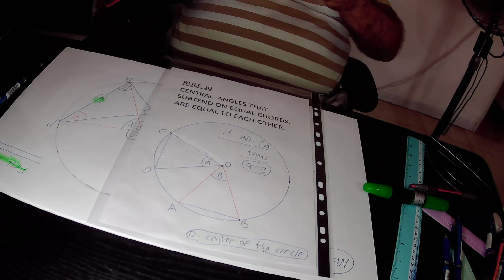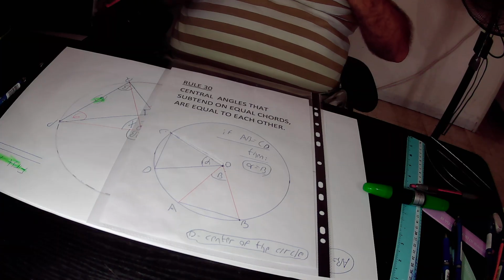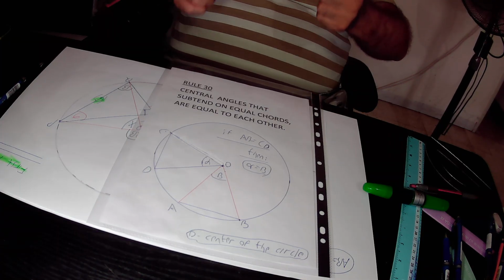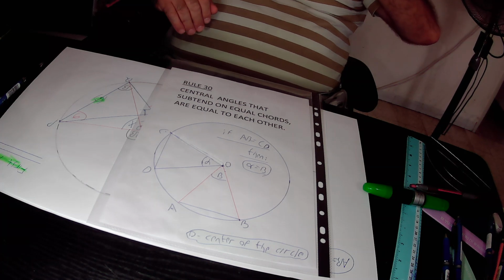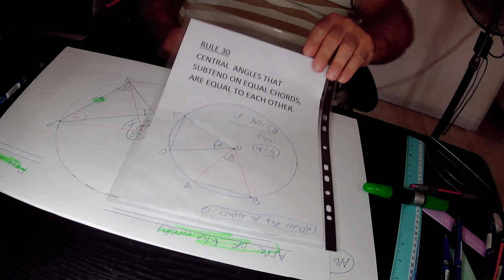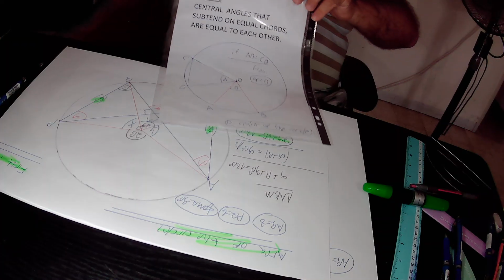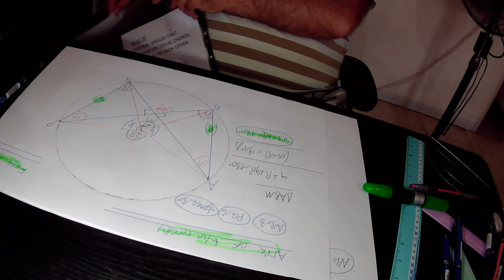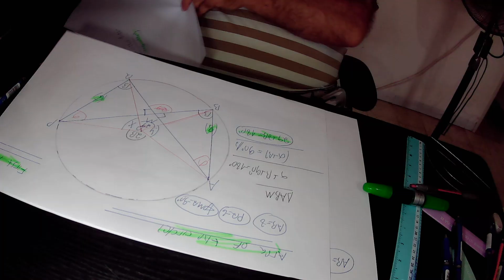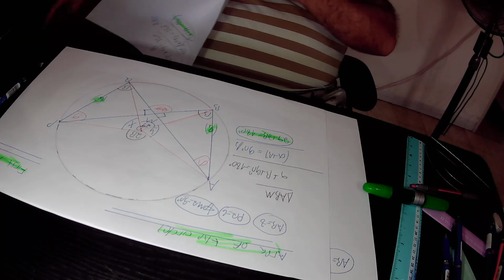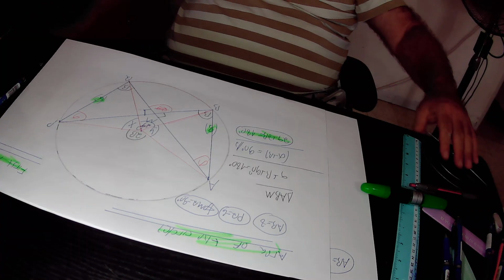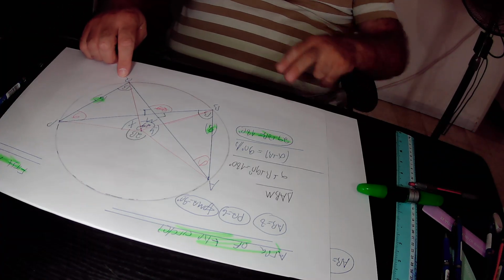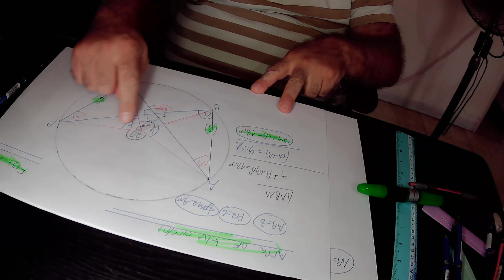Okay, again, according to rule 30, central angles that subtend on equal chords must be equal to each other in their sizes. So we can actually implement rule 30 in our drawing. This is the central angle QOP.